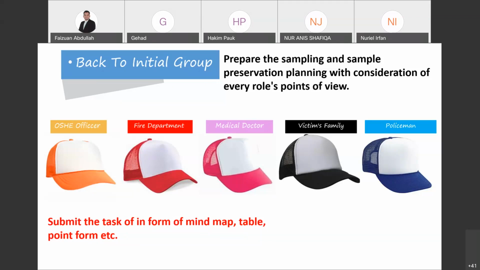I sent it to you on WhatsApp already. Okay, you sent it to me? After that, I will send it to the group. Let me check it first.